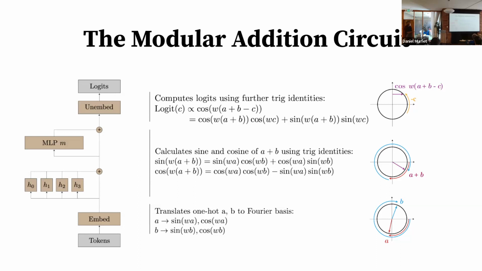Does that make sense? Yeah, so effectively your unembedding is converting things that look like this into this cos thing. Yes. I don't see why the MLP couldn't learn it, because C is the index of the output. C logit. Yeah.